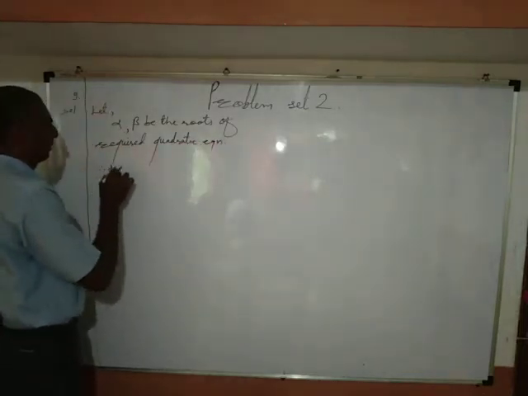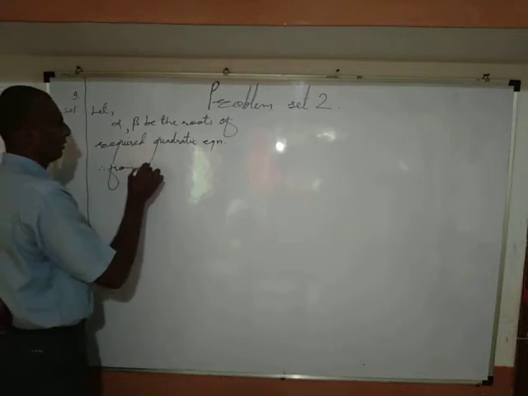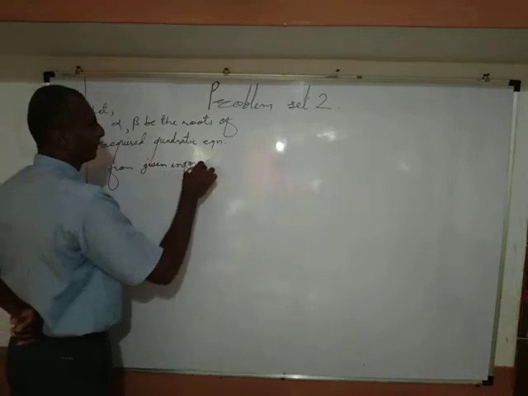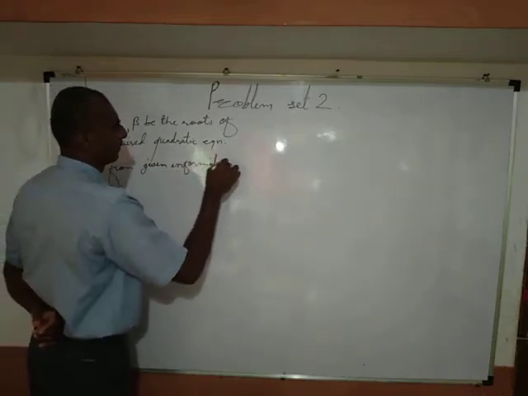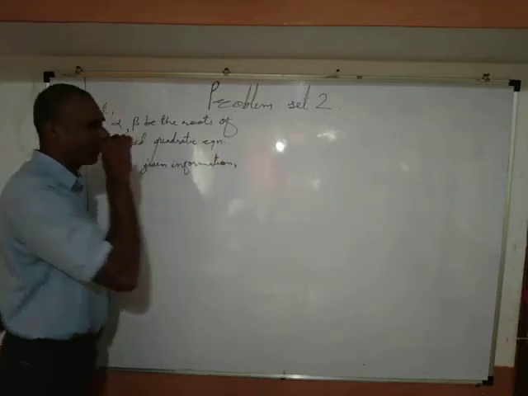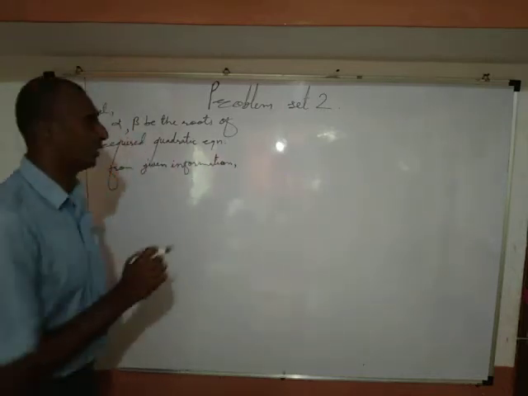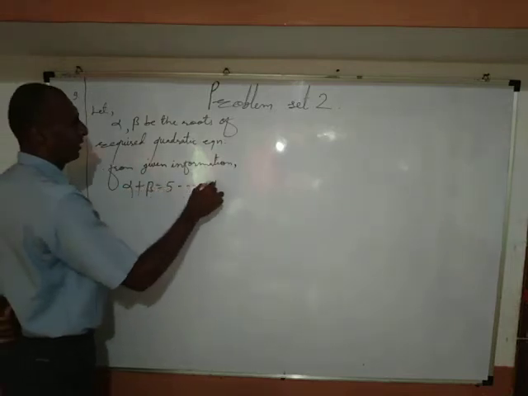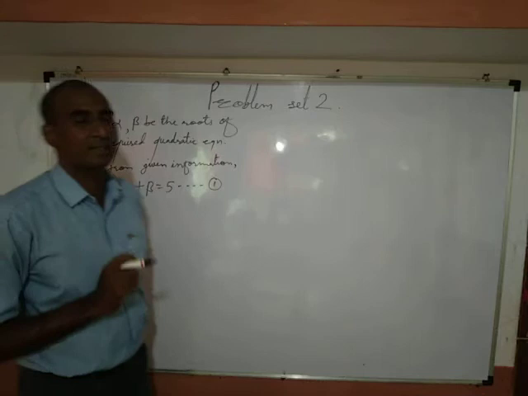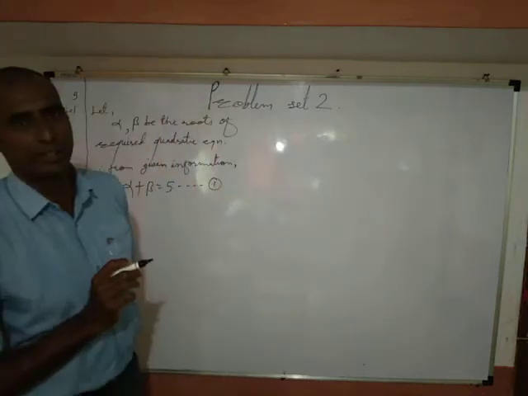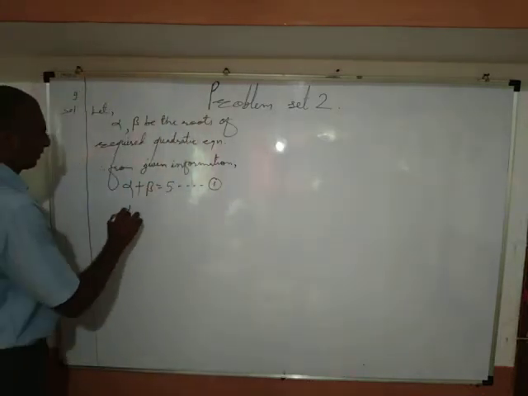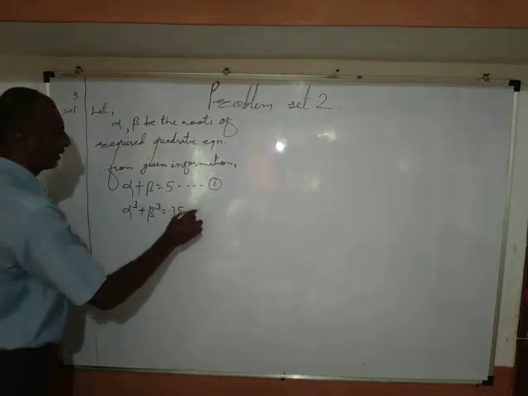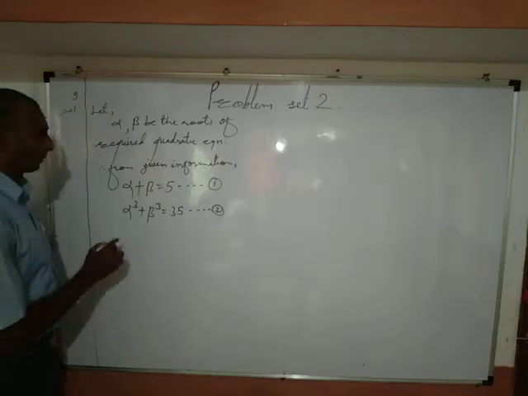Therefore, from the given information, the sum of roots is 5, means alpha plus beta equal to 5. Let's call it equation 1. And the sum of the cubes of these roots is 35, means alpha cube plus beta cube equal to 35. Equation 2.